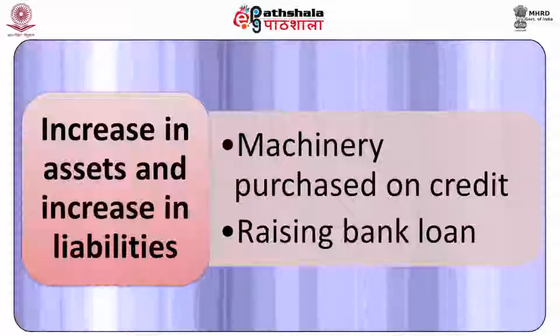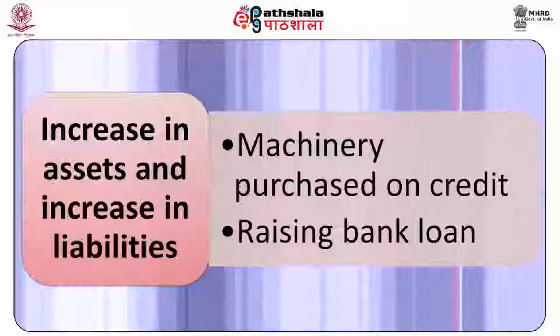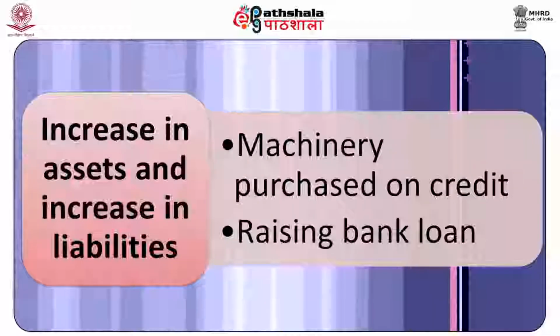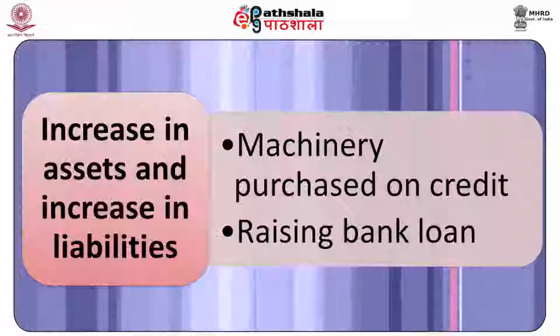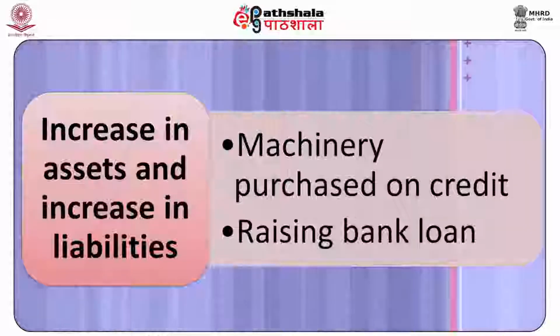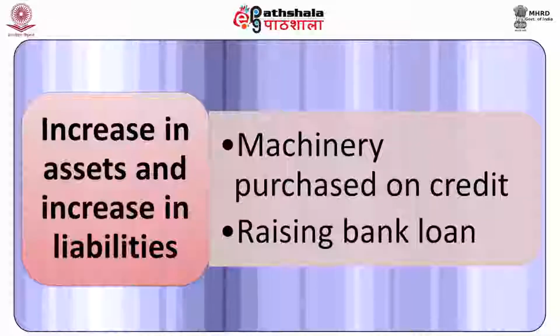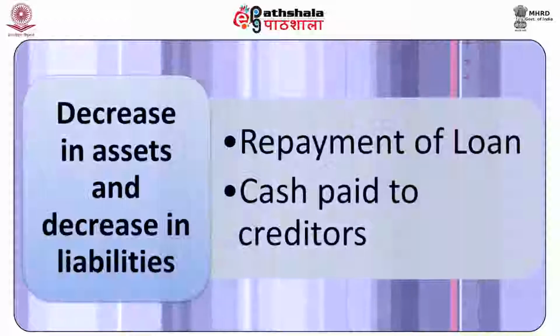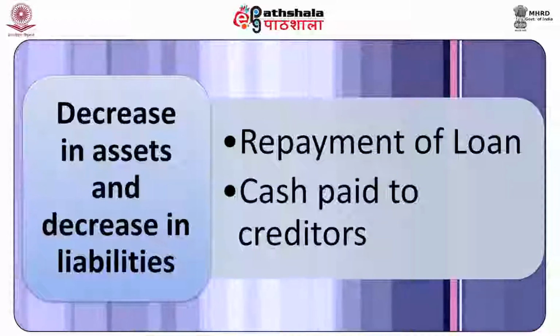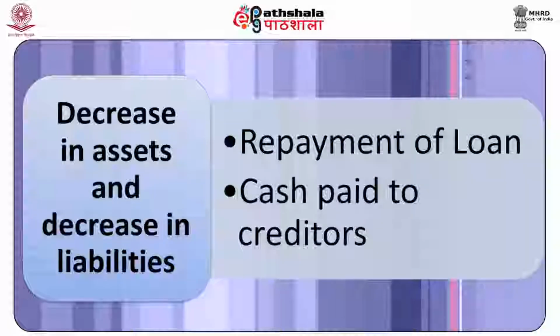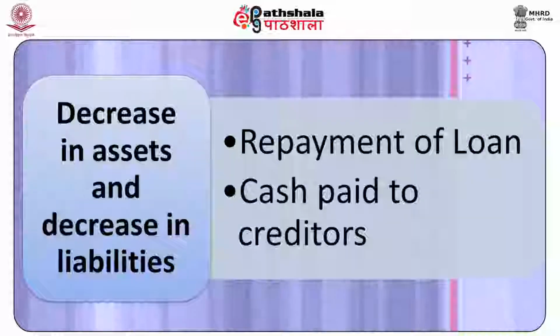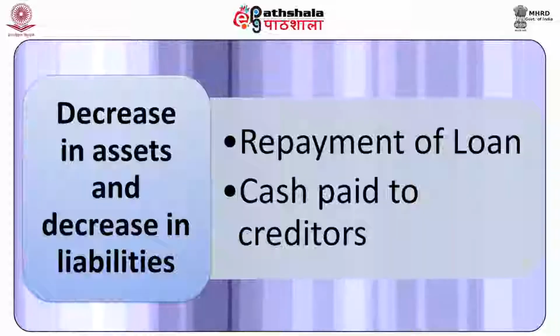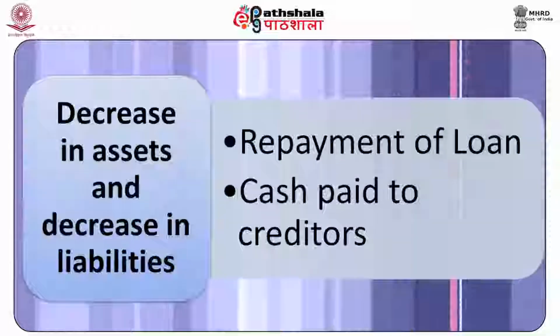First, increase in assets and increase in liabilities: for example, machinery purchased on credit, raising bank loan. Next, we come to decrease in assets and decrease in liabilities. Take an example of repayment of loan or cash paid to creditors.